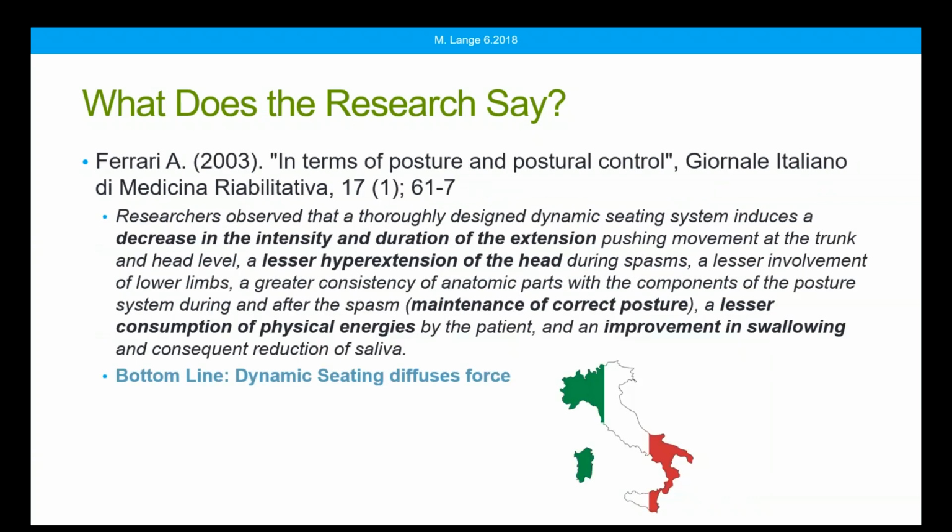This is another group out of Italy. This is an older study, but it's a good study where they looked at a dynamic seating system. This was one that included dynamic movement at the back, the feet, and the neck. And they found there was a decrease in the intensity and duration of extension at the trunk and head level, less hyperextension of the head during spasms, less involvement in the lower limbs, meaning there wasn't that overflow into the legs when they provide movement at the back. There was a greater consistency of anatomic parts with the components of the posture system.